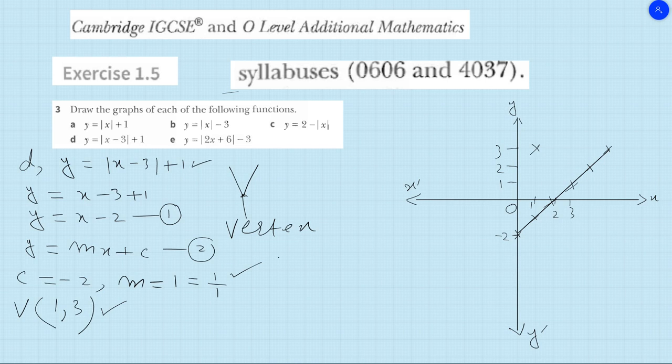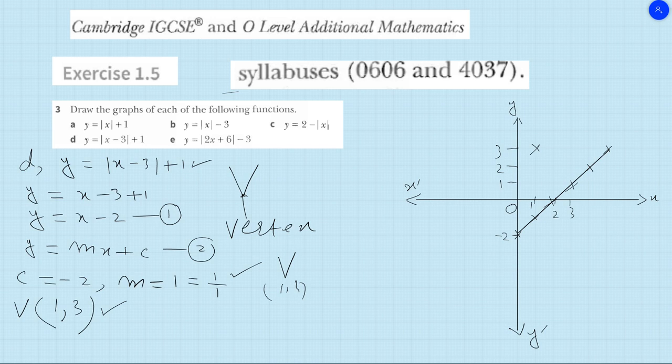For example, if our vertex is 1 comma 3, this is 1, this is 3. But our straight line y equals x minus 2 is this. So how do we draw the graph of a V-shaped function? First, we take some more points from the vertex.